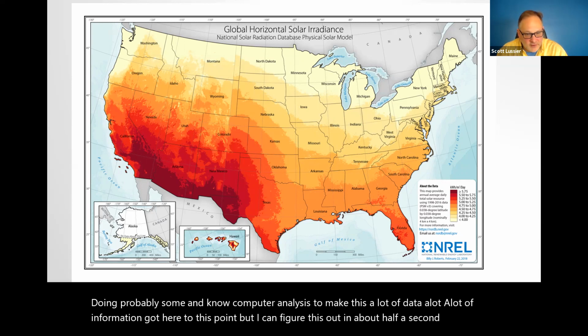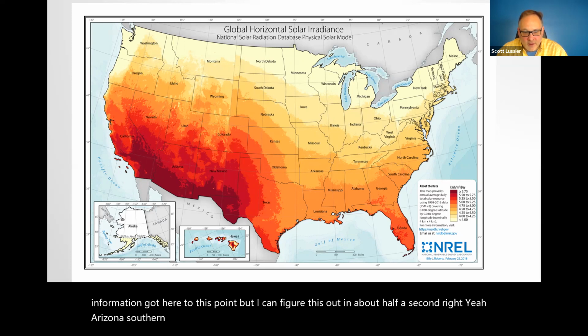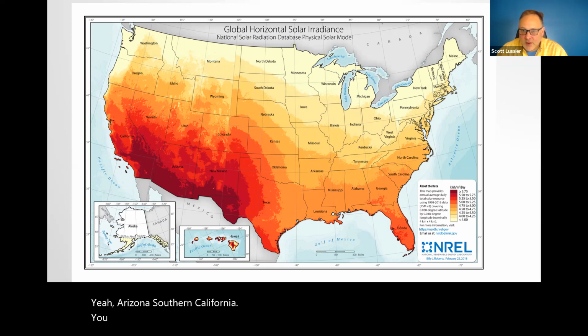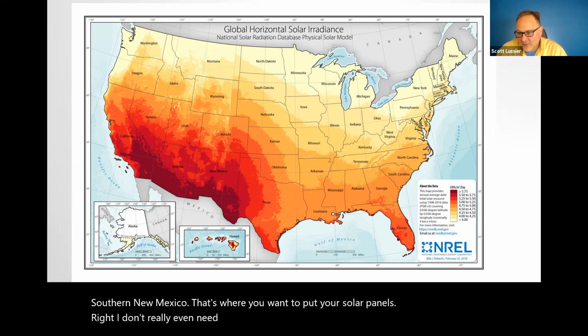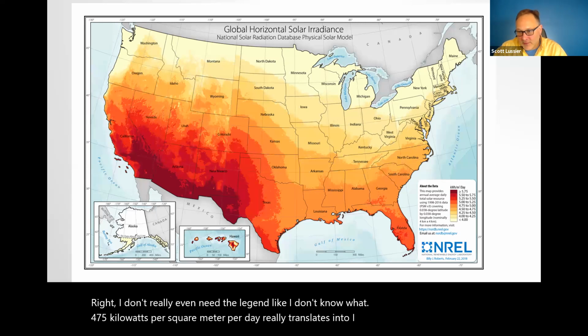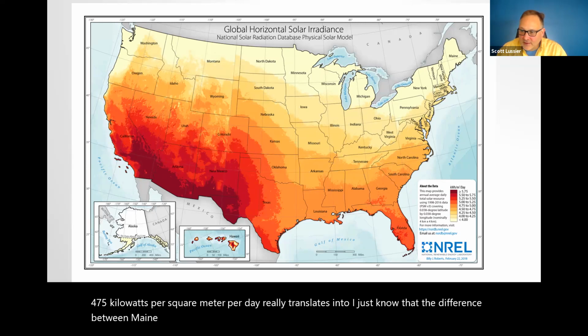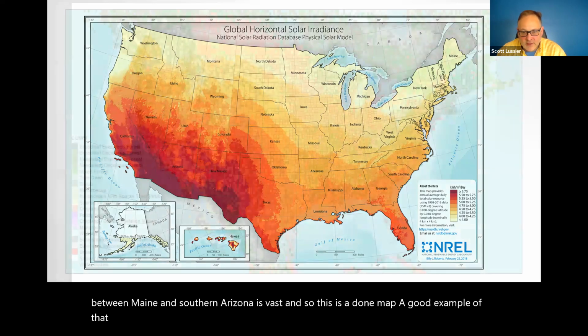Yeah, Arizona, Southern California, Southern New Mexico. That's where you want to put your solar panels, right? I don't really even need the legend. Like, I don't know what 4.75 kilowatts per square meter per day really translates into. I just know that the difference between Maine and Southern Arizona is vast, and so this is a well done map, a good example of that. Like, I barely need the legend. It's there if I need it.